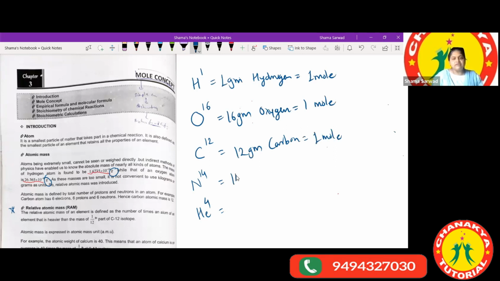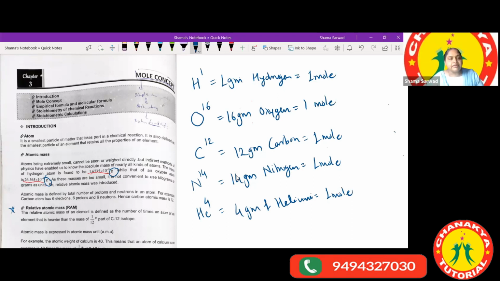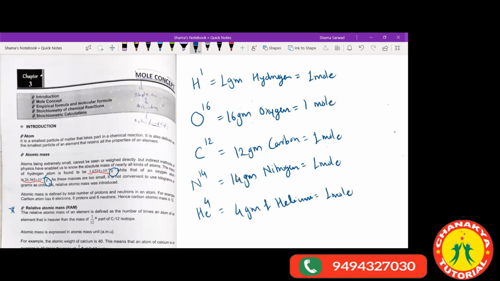If you take 14 grams of nitrogen, that is 1 mole of nitrogen. If you take 4 grams of helium, that is 1 mole of helium. Correct? Understood?